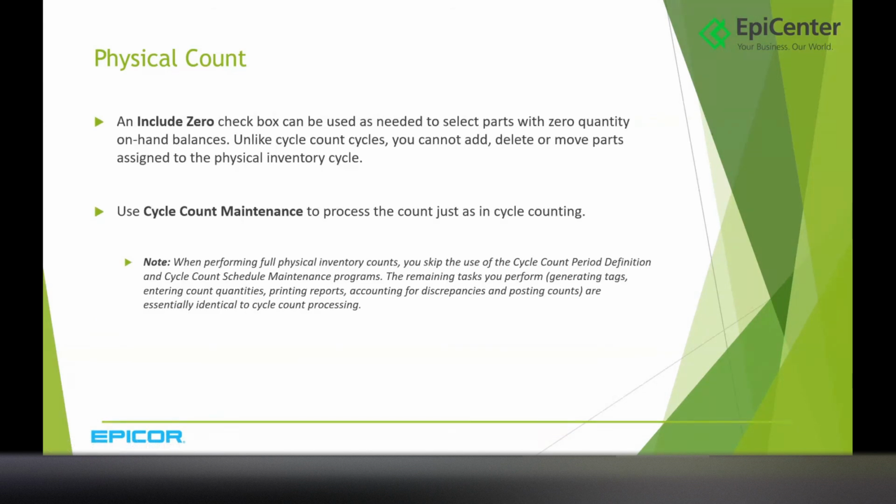There is an include zero checkbox that can be used to select parts with a zero quantity on hand. But unlike cycle count, you can't add any parts to the physical because it's a physical. It does everything for you. Once you've initialized that physical count, you go to the cycle count maintenance screen and process all the other screens like you did in the cycle count maintenance.